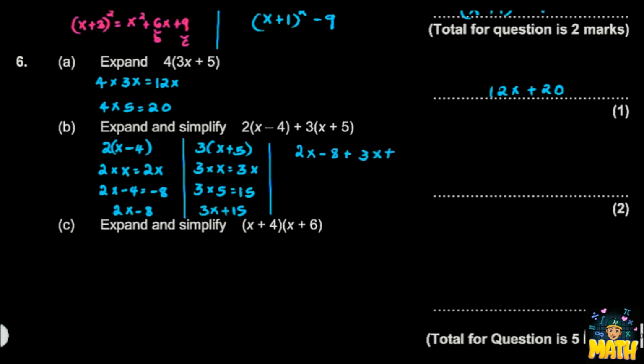So we have 2x minus 8 and 3x plus 15. Identify the like terms, so the numbers that have letters and the constants put together. So there we have 5x plus 7 as the final answer of our expression right there.